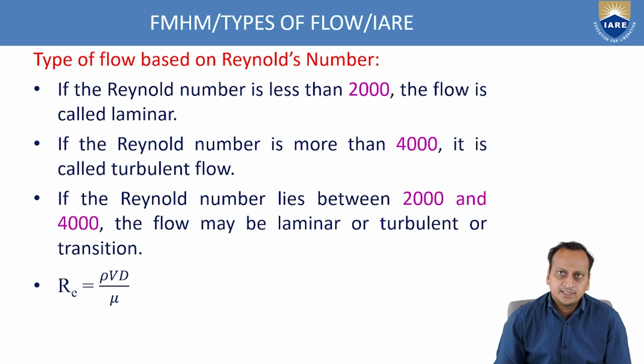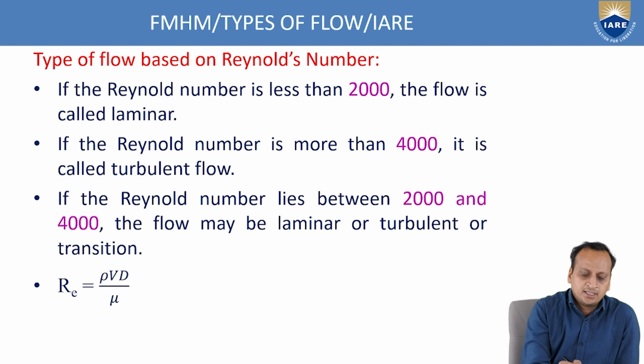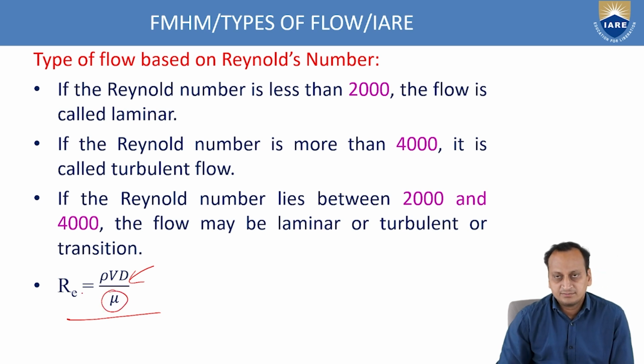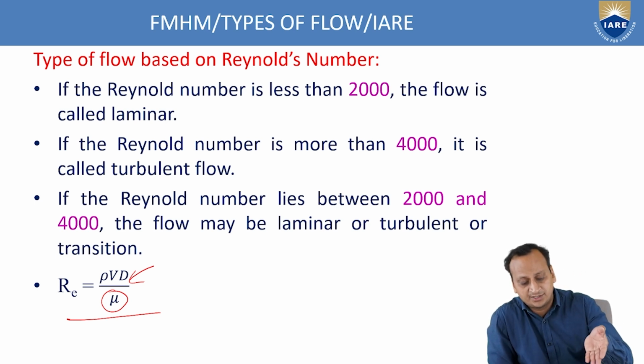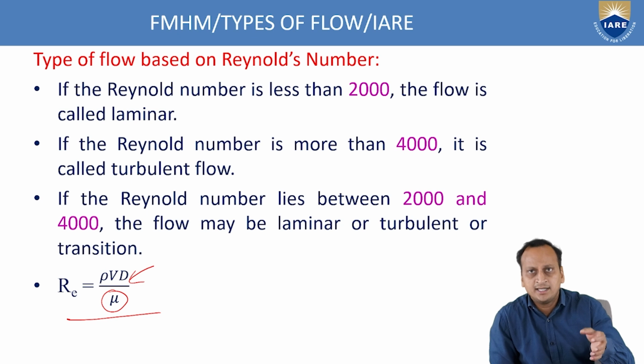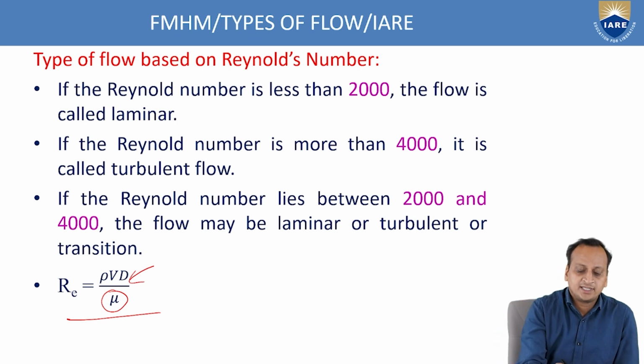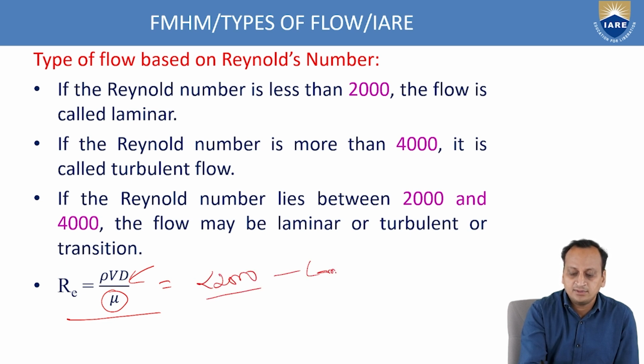The Reynolds number is expressed by rho Vd by mu: the density of a particular fluid, velocity of the fluid, the diameter of the pipe through which it is moving, and the viscosity. If you substitute these values in the Reynolds expression, then you will get a number. If the number is less than 2000, then you can call it a laminar flow.